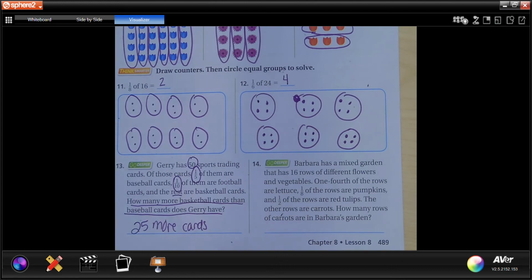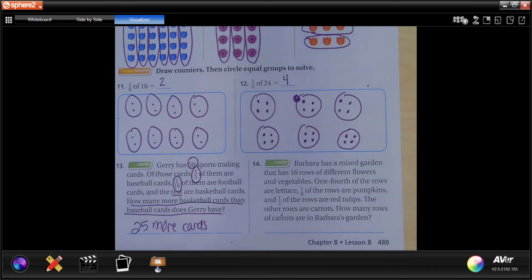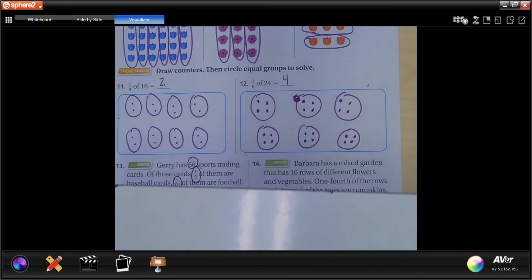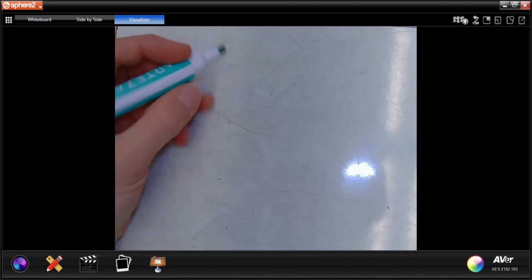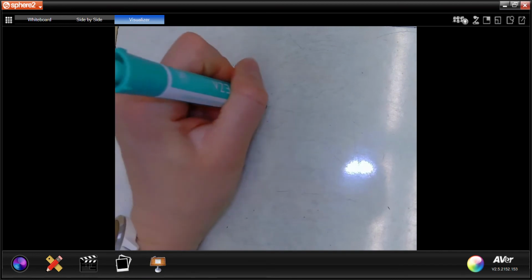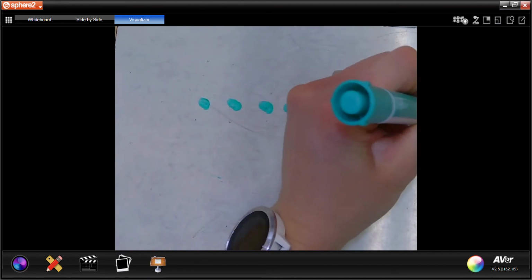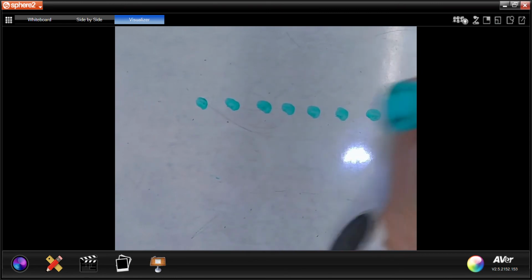Okay, so if we know Barbara has she has 16 rows. 1, 2, 3, 4, 5, 6, 7, 8, 9, 10, 11, 12, 13, 14, 15, 16.